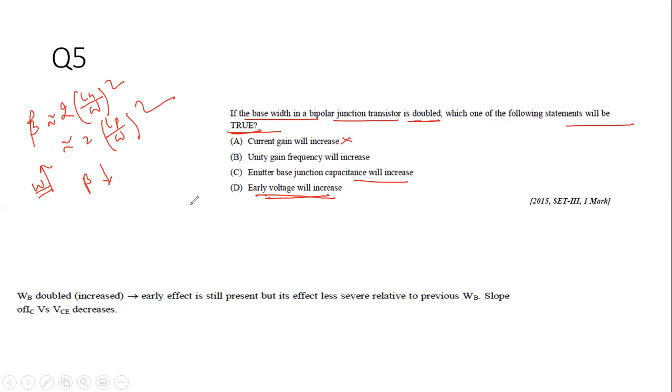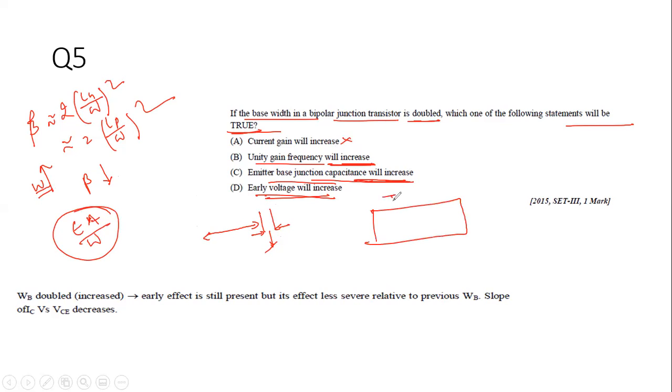Unity gain frequency will what? Emitter base junction capacitance will what? Emitter base junction capacitance is epsilon A by W. This is the emitter base junction capacitance. So if base width is increased, it means the effective area of this one will be decreased, because this is your JE junction, this is the JC junction.